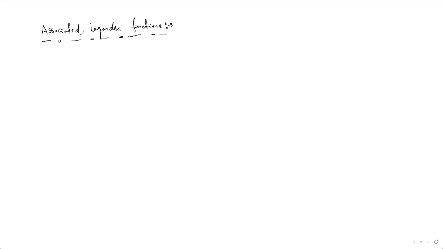So that I'm going to tell you in a while, but फिलहाल, the associated Legendre function, जैसे आपके Legendre, when you say the Legendre differential equation, you know that is 1 minus x square y double prime minus 2xy prime plus L into L plus 1 into y equal to 0. Okay, so this is the Legendre equation. So what is there in the associated Legendre function?